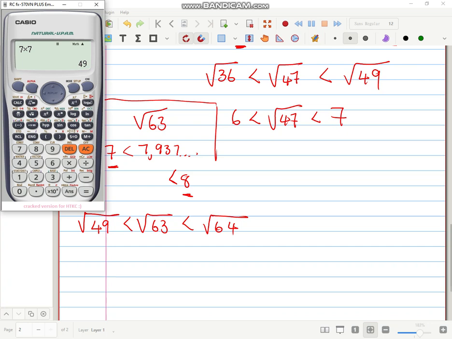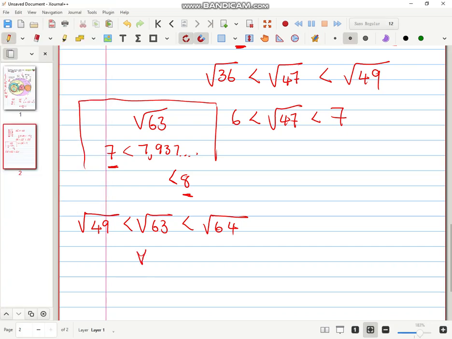So you put it in a square root like this, and then you're gonna do the next step, 63, and then you're gonna say 7 and 8. Where do we get the 7 and 8? We just looked at what the square root of 63 is when we press SD, right? Please don't forget, this is the easiest thing you can get the marks for.